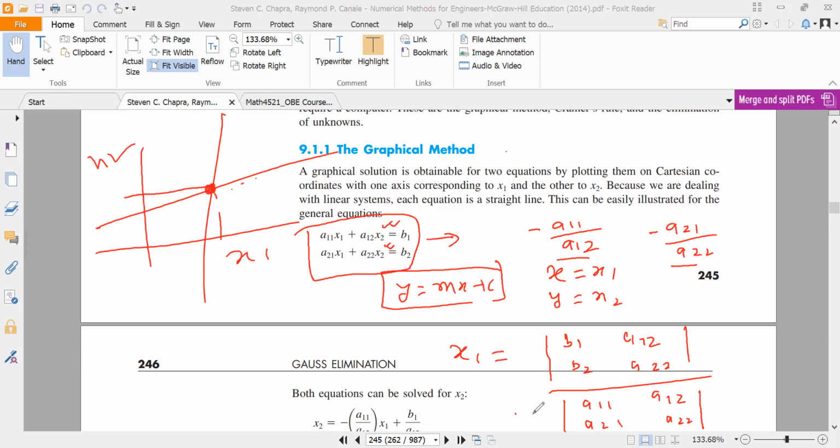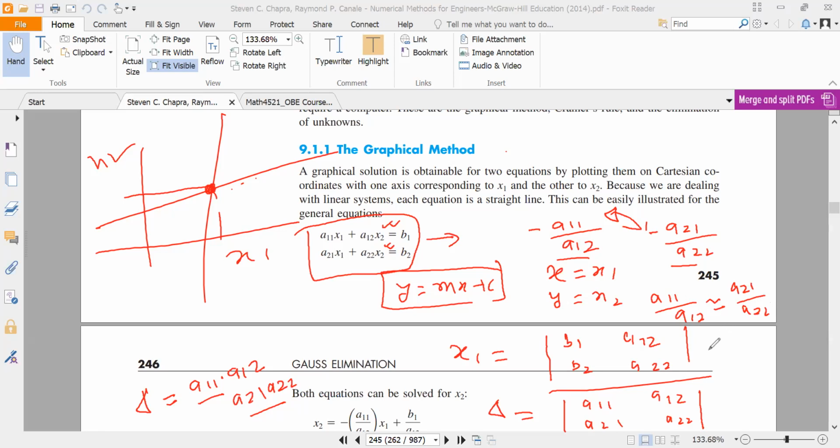Then this determinant, say, is equal to delta. That delta is equal to what? a11 into a22 minus a12 into a21. Isn't this related to these two slopes? For example, if these two slopes are nearly equal, that means a11 divided by a12 is nearly equal to a21 divided by a22.